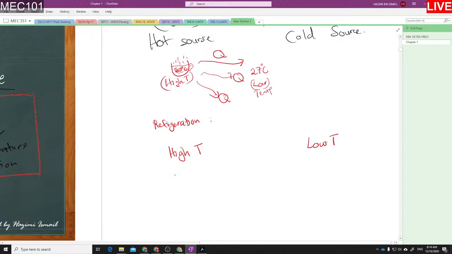Let's say the low temperature region is your room. In the room, we may want to get around 24 degrees Celsius, which is common in Malaysia.